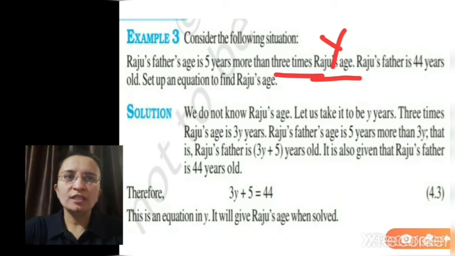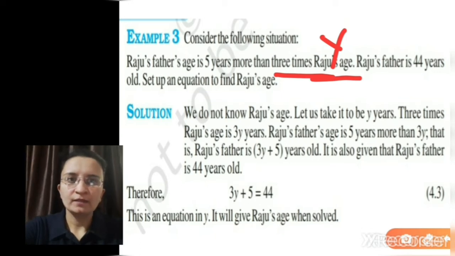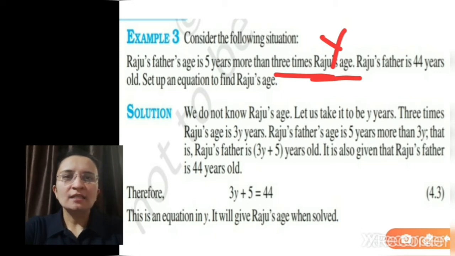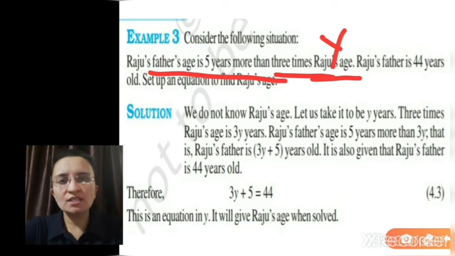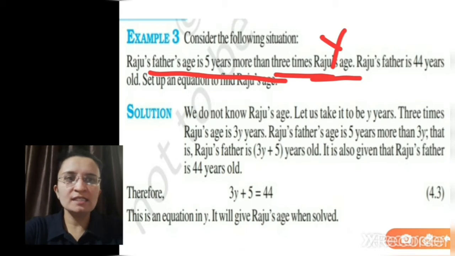Now 3 times Raju's age will be 3y years. His father's age is 5 years more than 3 times Raju's age. We know 3 times Raju's age is 3y, so 5 more than that means 3y plus 5.